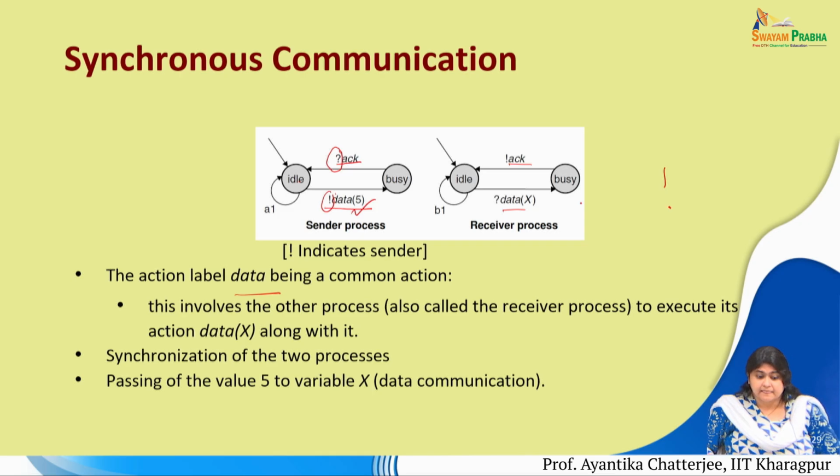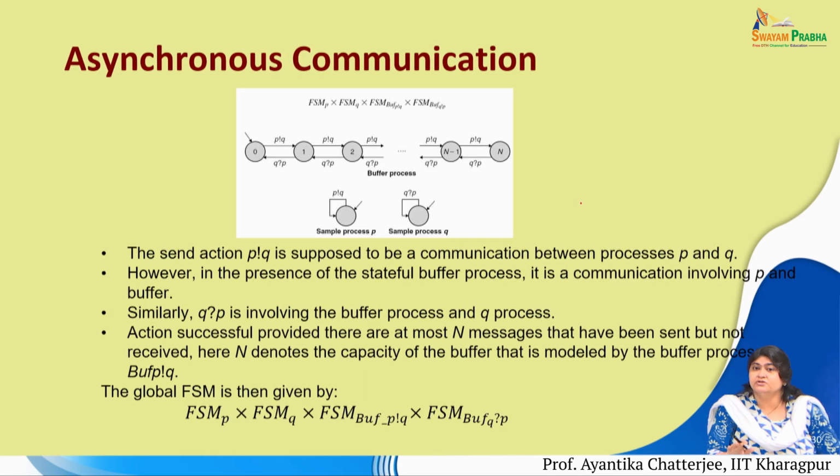Again, when we are talking about asynchronous communication, see the change. In this asynchronous communication, we are not only talking about the sender or receiver actions. We also need to define some extra action that is related to the buffer. This is one example of defining the buffer process.